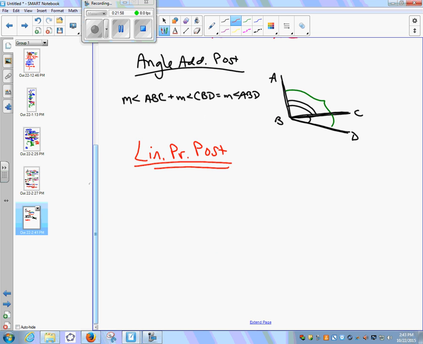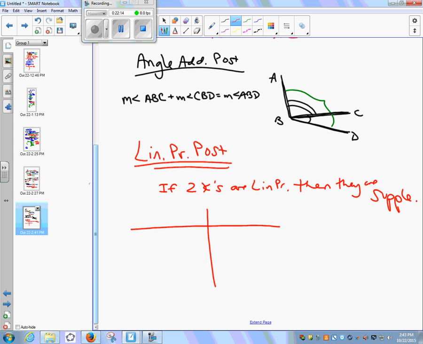Linear pair postulate: if two angles are linear paired, then they are supplementary. So it has to have that word supplementary in it. So when you're in a 2-column proof, if it says angle 1 and angle 2 are supplementary, with the word supplementary, that reason is going to be the linear pair postulate.